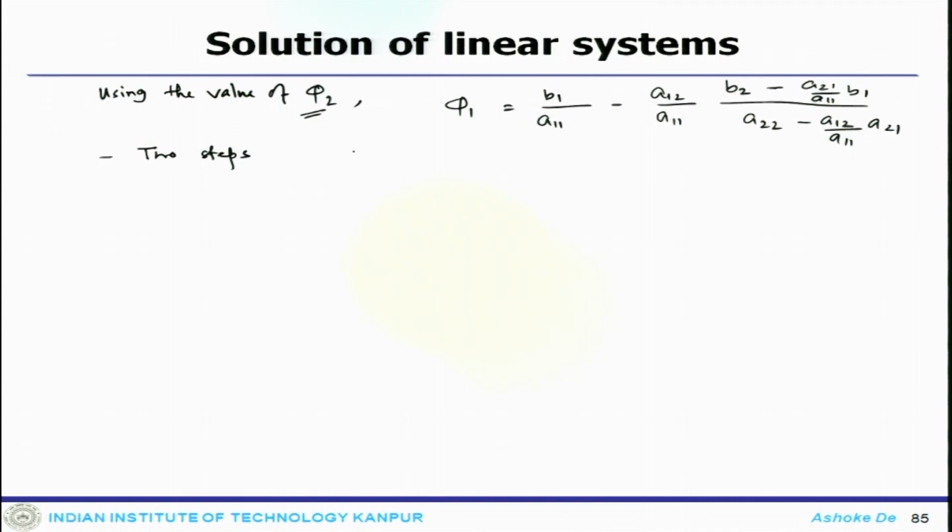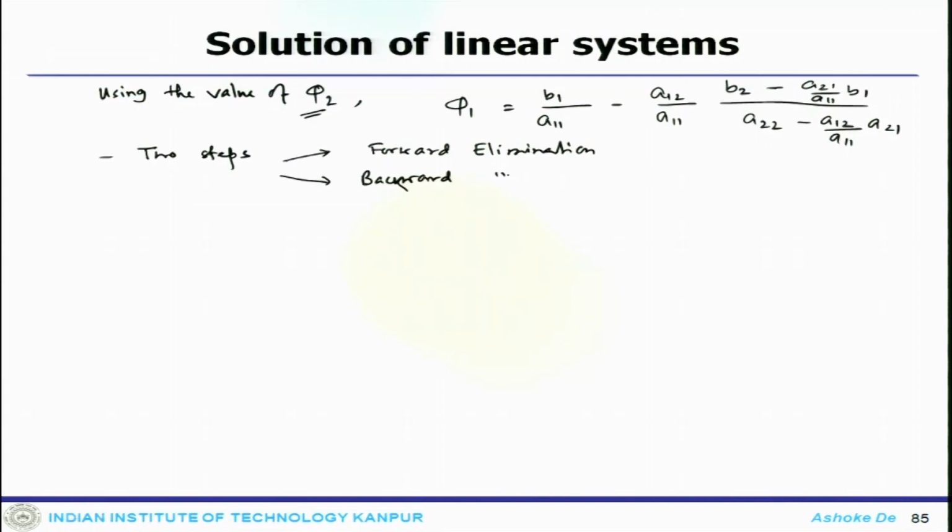When we do this elimination process, that is called forward elimination, and when we obtain the solution and put it back to get all the unknowns, that is backward substitution. So, that is what the process is known for.